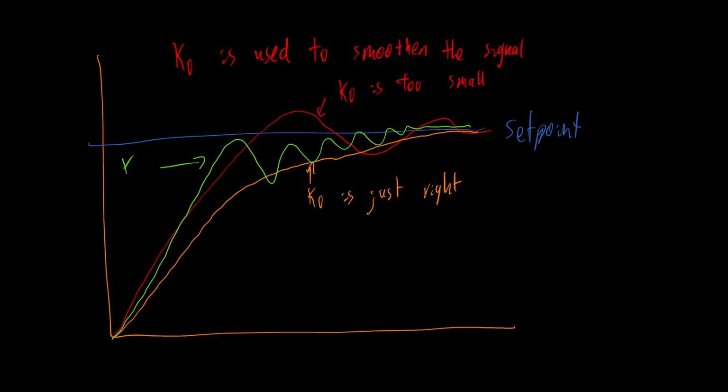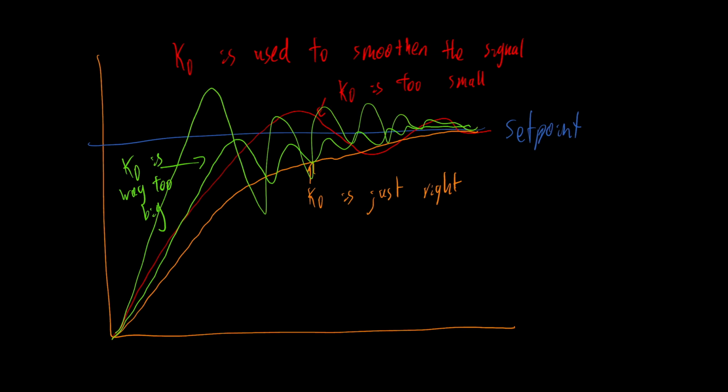Kd is way too big, and you do not want this. It will still get to the set point, but you'll have these weird oscillations that you may not like. And if Kd is even larger than that, the oscillations will just increase. It will get to the set point eventually, but you won't like your system.